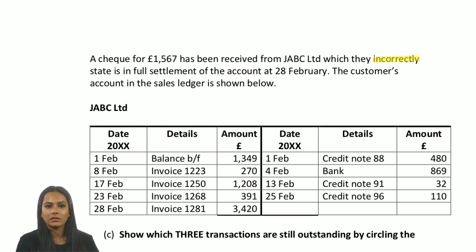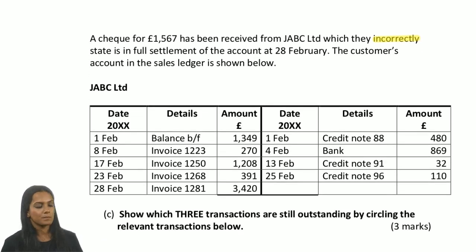So when we look at the customer's account in the subsidiary ledger, or the sales ledger, or the receivables ledger, then we would see the actual amount due from the customer. And if they've paid us £15.67, we can then find out how much they still owe us.